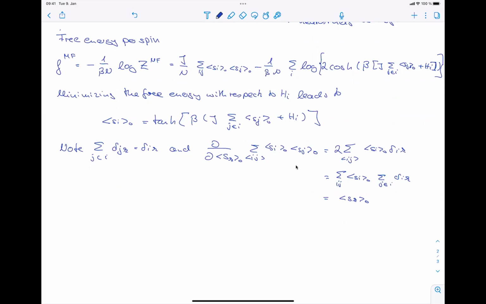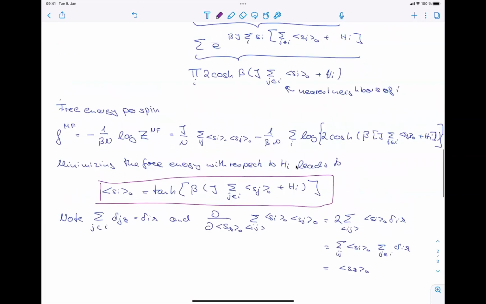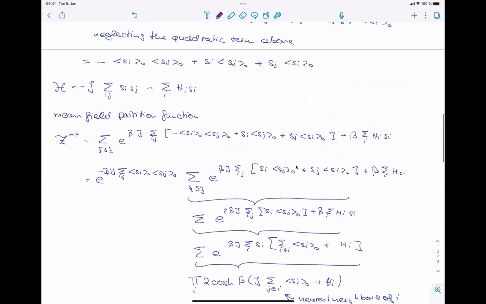What is important for us is that we found this condition. We're troubled by this being an implicit condition on the spins themselves, and we want to take the derivative of the spin with respect to the applied field.